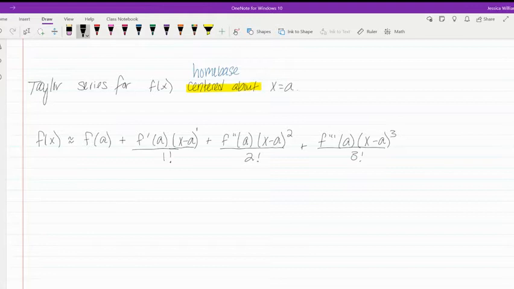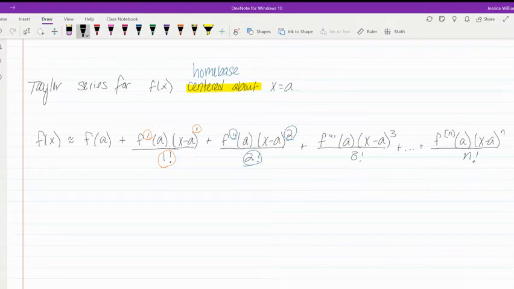Things to notice are this degree and your factorial and your derivative all match. So these are all first, these are all second, third. So extending this on forever, we could write a generic one that would look like f with an nth derivative at a, x minus a to an nth power, and then nth factorial underneath.